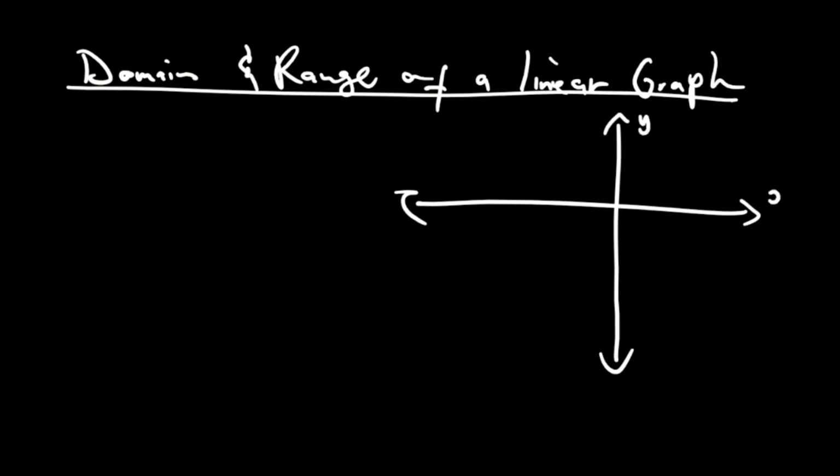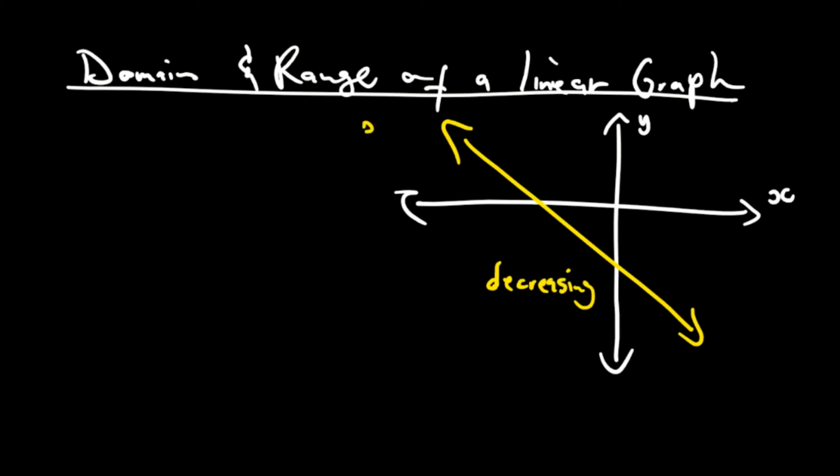This is y-axis, this is x-axis, and our function goes like that. So this function is decreasing, right? How do you see that it's decreasing? So we start from the left hand side, which is this direction here, going to the right hand side.